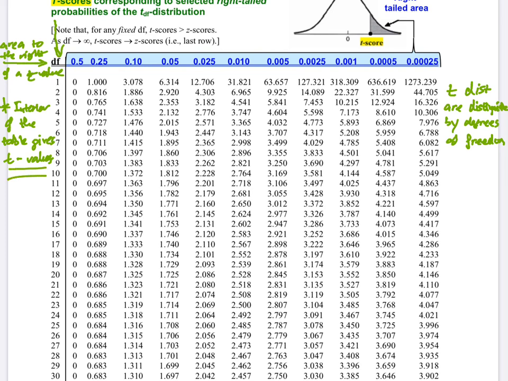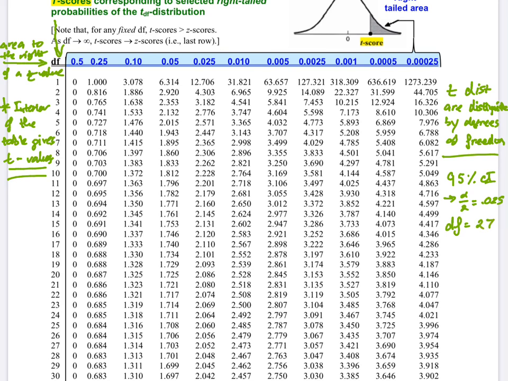Now let's do an example. Suppose we want to look at the 95% confidence interval. So alpha over 2 is 0.025, and let's say the degrees of freedom is 27.